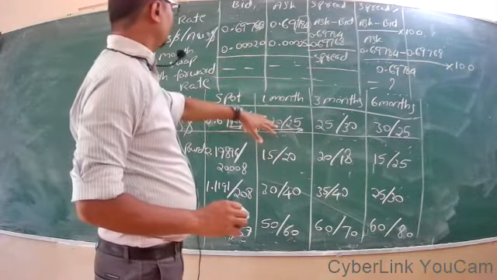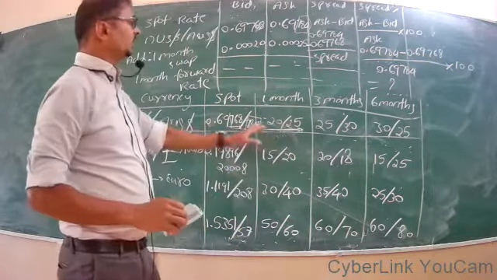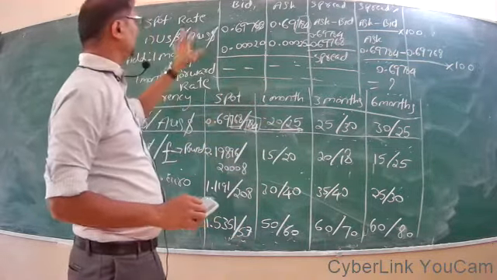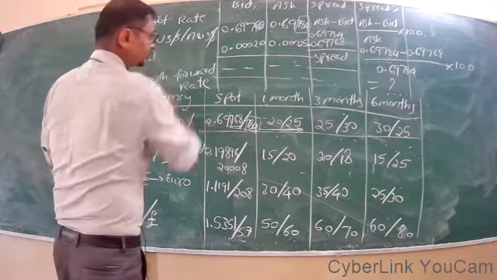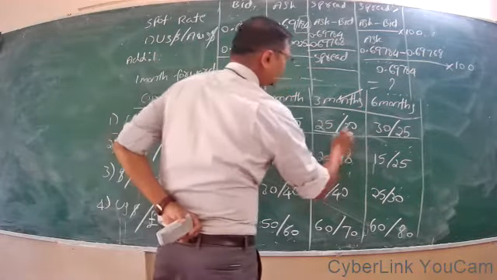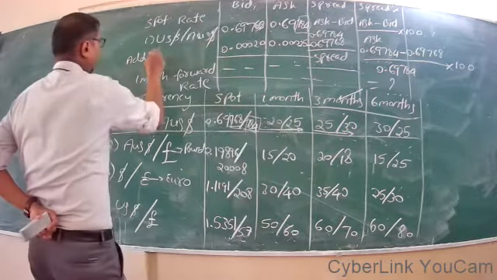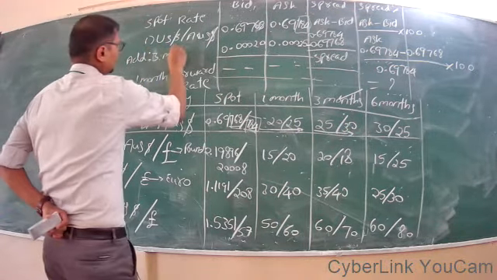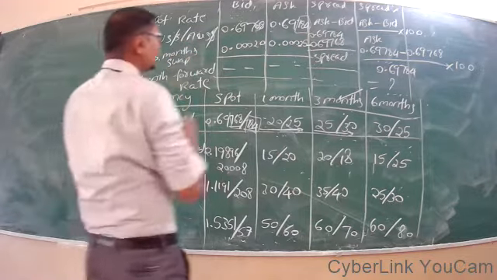Why we added is that the swap point or forward point is given in increasing order. That's why we have added it to the spot rate. Now for 3 months, again reading from left to right, 25 oblique 30, that means you have to add the 3 months swap point to the spot rate.